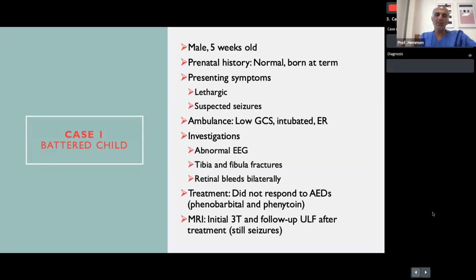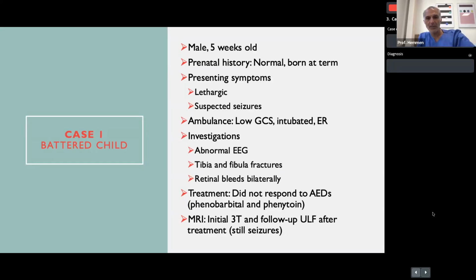What we realized immediately is that he had an abnormal aEEG, so amplitude-integrated EEG, as well as an abnormal, pathological EEG with suspected seizures. We also realized that he had retinal bleeds bilaterally, and fractures on his bones, especially his tibia and his fibula.